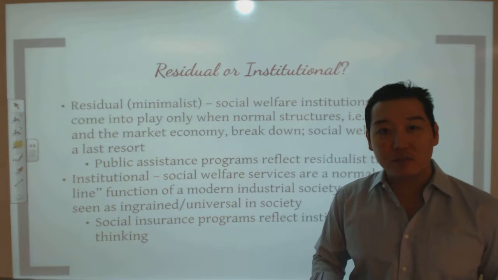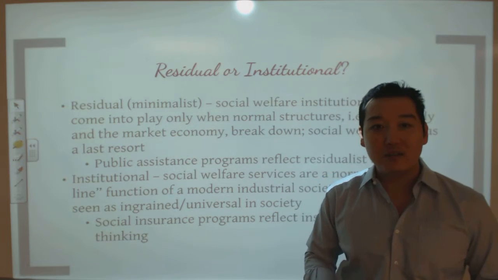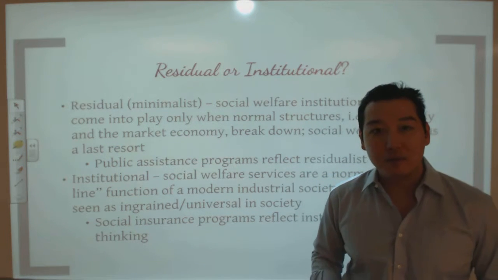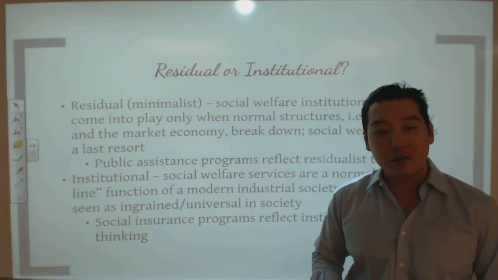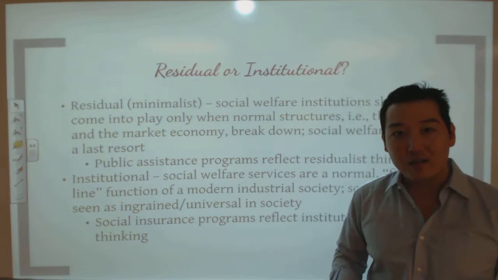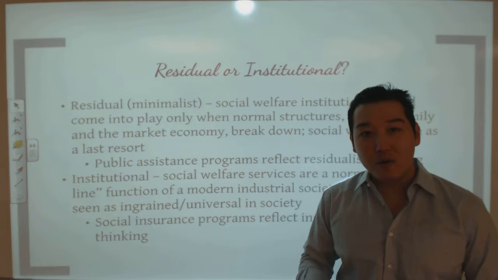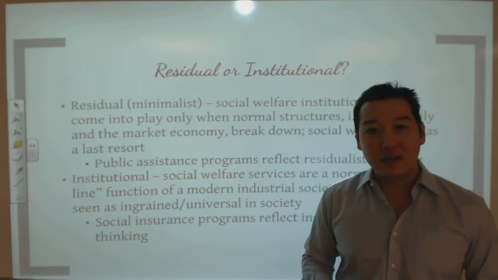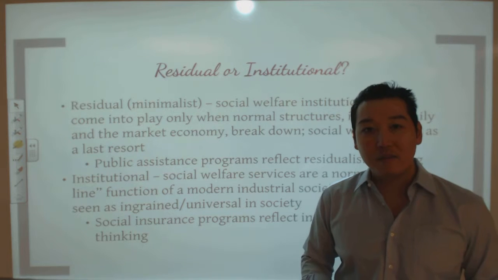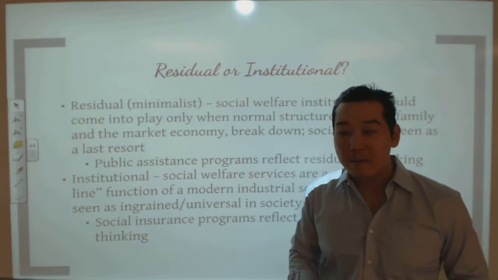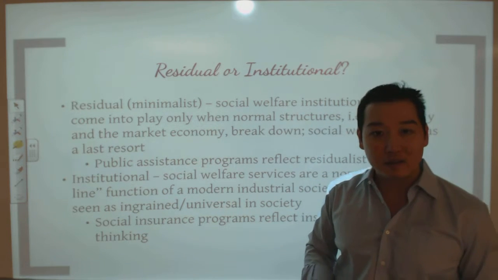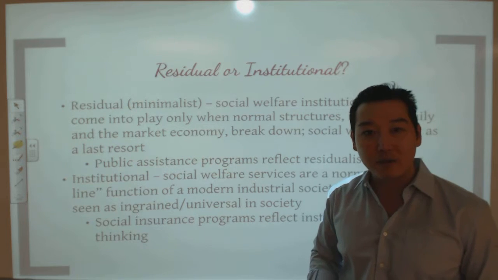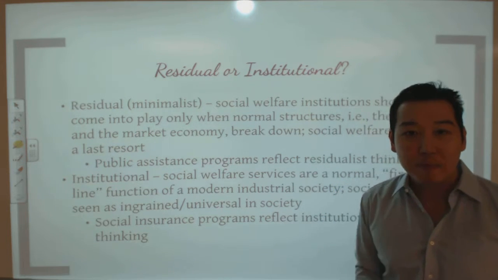So when normal structures break down, so when private entities, when your family is no longer able to provide for itself, when churches and private entities are no longer able to provide for the poor, then government is expected to step in as a last resort. That's indicative of residualist thinking or residualist philosophy. So many of our public assistance programs reflect this type of thinking, that our public assistance programs should only step in as a last resort.